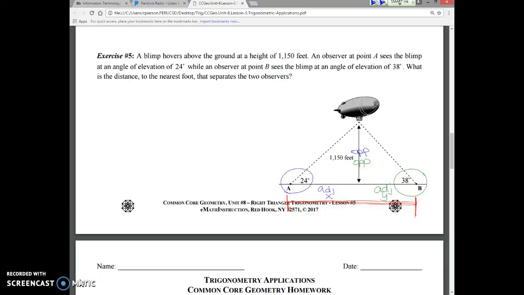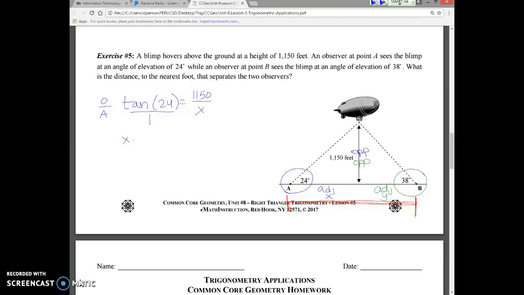So for the A observer, the comparison is the opposite over the adjacent, which is tangent. The tangent of 24 degrees, the opposite is 1,150 over x. We have the angle measure, so you cross multiply.